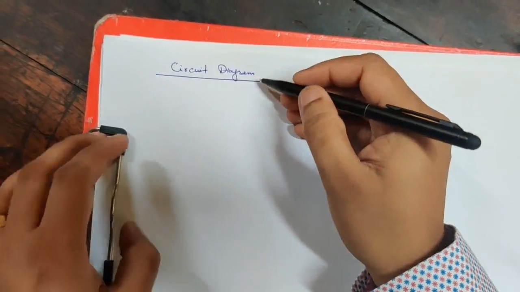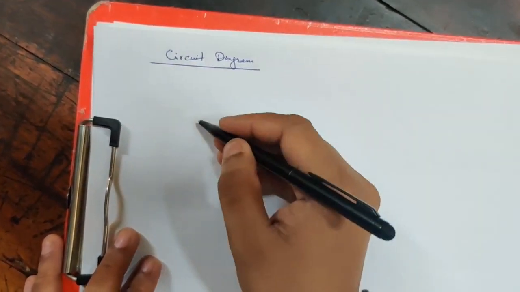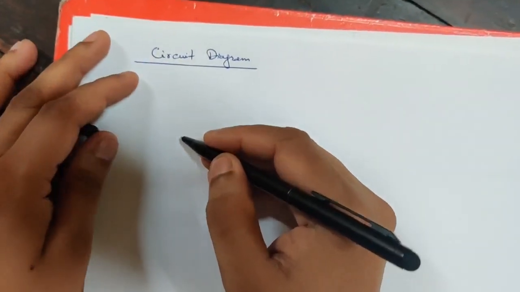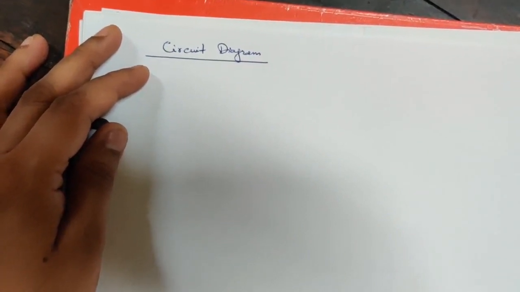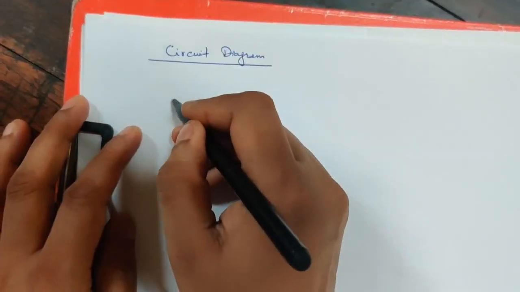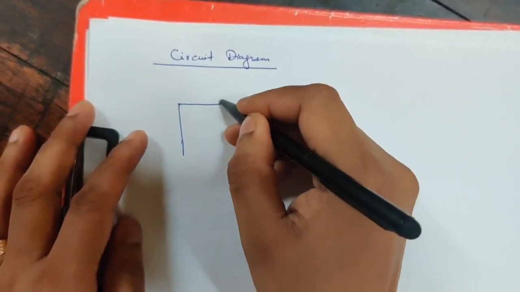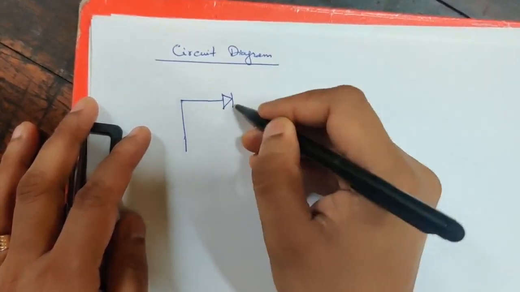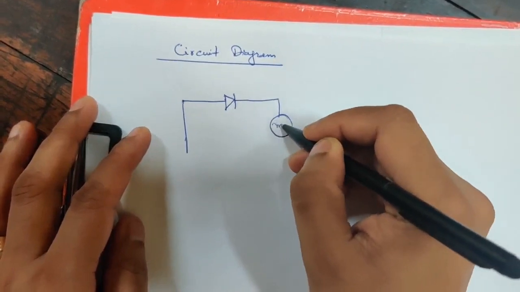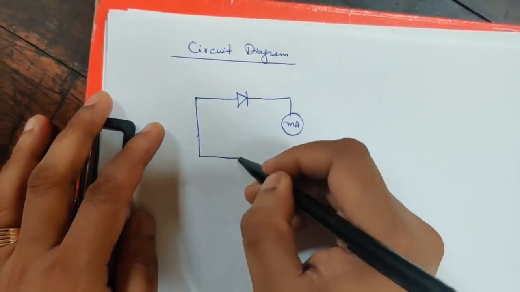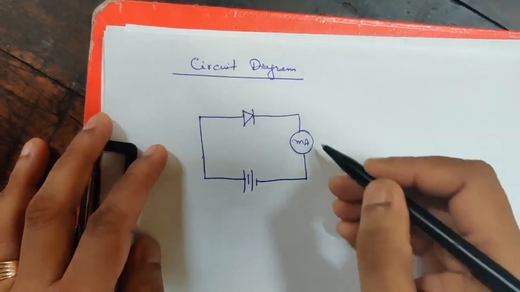Let us come to the circuit diagram for this current experiment. So let me draw the very simplest diagram first. If I make a simplest diagram for this, we have one diode. I will use a milliammeter and connect one battery, right?